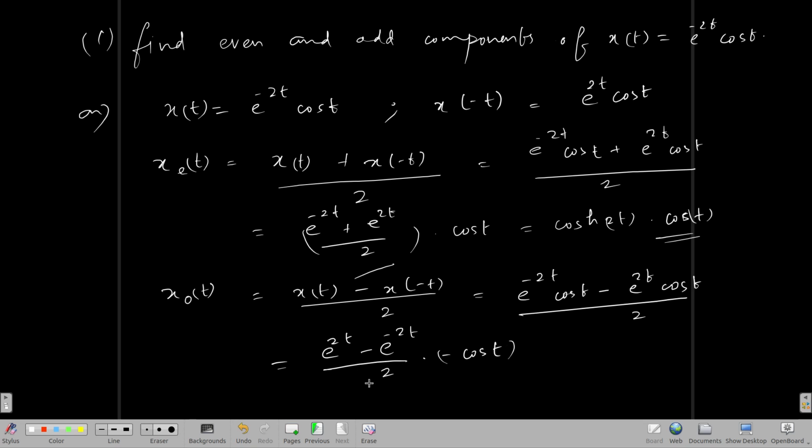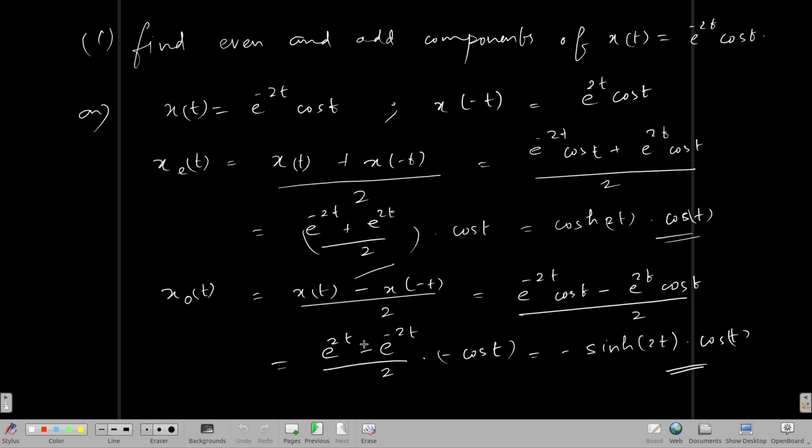And this term becomes sine hyperbolic of 2t. So this is minus sine hyperbolic 2t into cos t. So this is the even part and odd part of x of t.